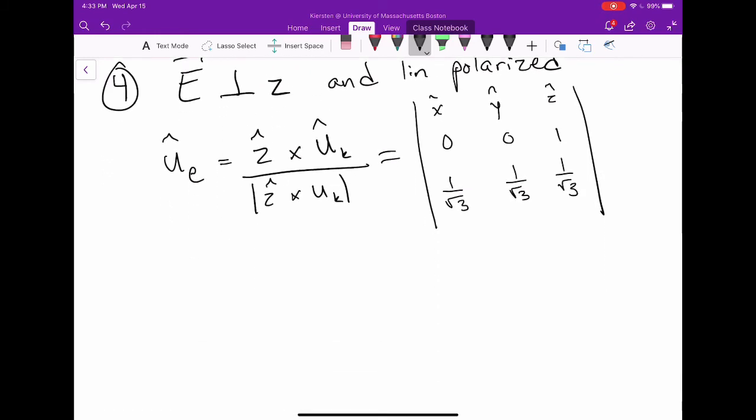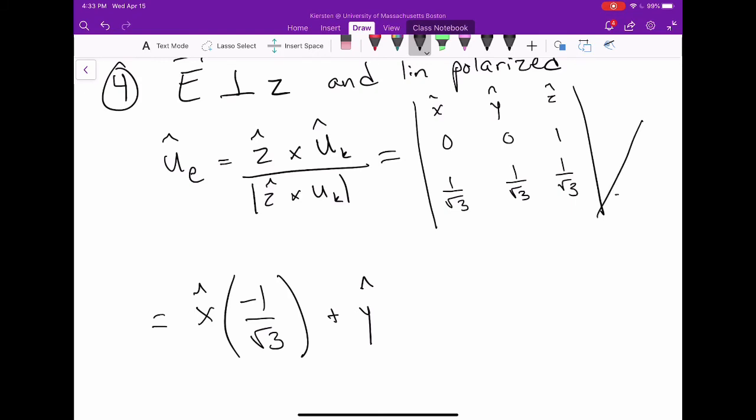And what I get when I work that out is x hat times minus 1 over √3 plus y hat times, oh, and then I have to divide up here by the magnitude of z hat cross u_k, almost forgot. Y hat times 1 over √3, no z component, as you can see.